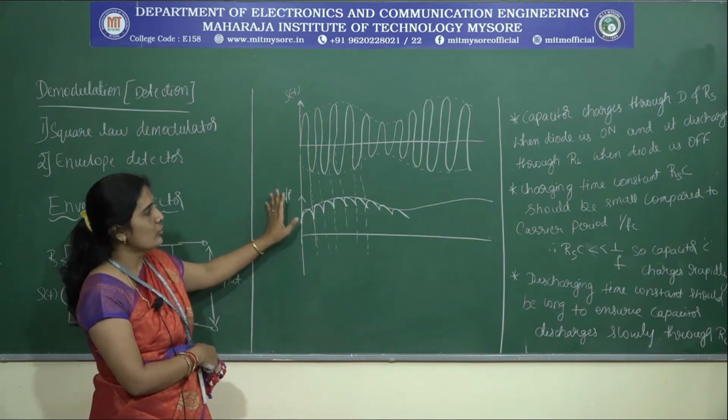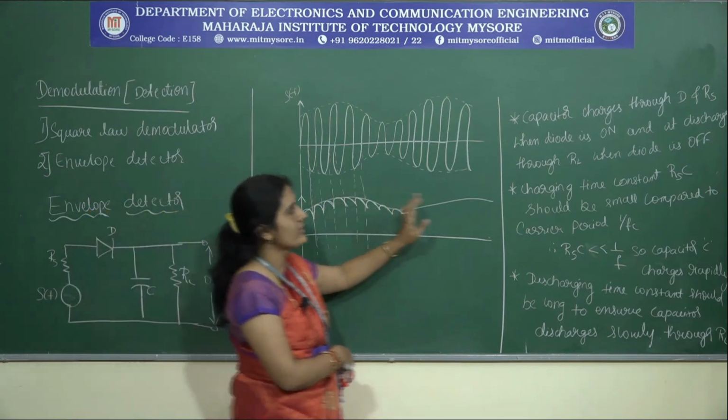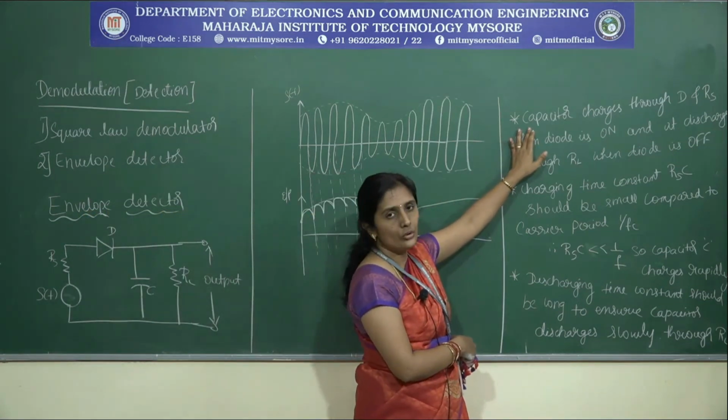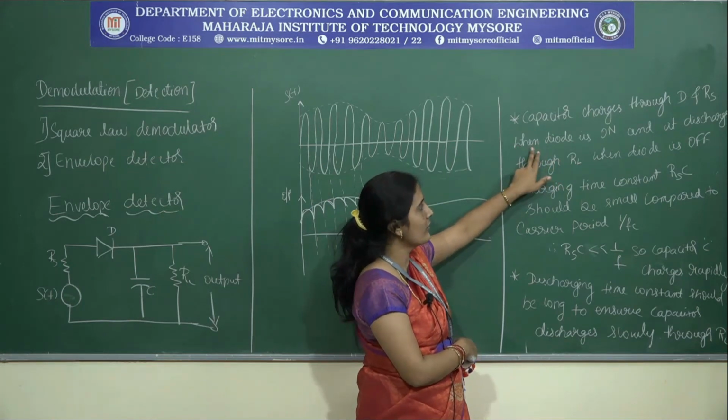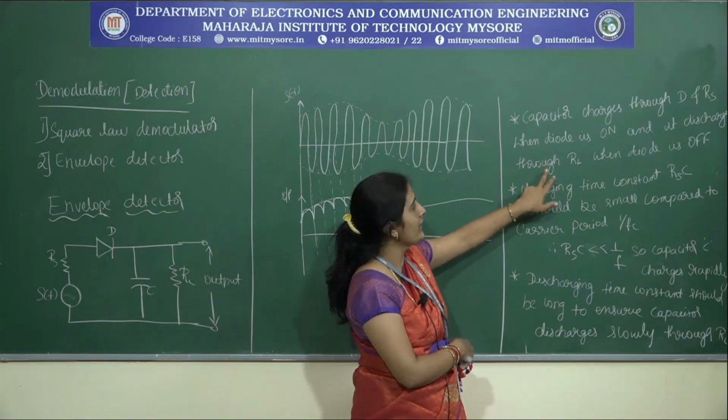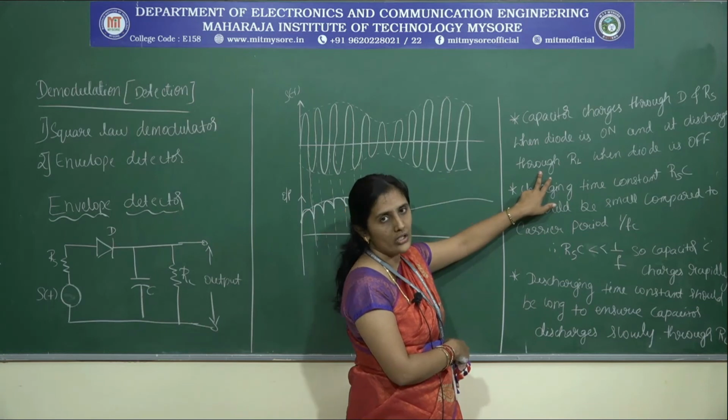We have so many conditions here. The capacitor charges through D and Rs when the diode is on, and it discharges through RL when the diode is off.